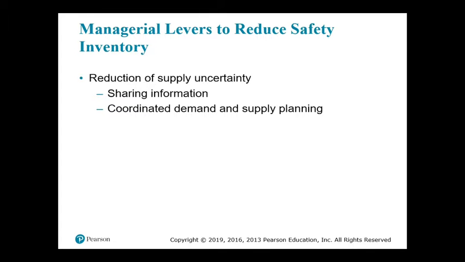Basically, we would like to reduce the uncertainty for both the supply side and the demand side. In order to reduce supply side uncertainty, we would like to perhaps share more information. The supplier could, for example, let the buyer know ahead of time when it's going to deliver its order and how much is going to arrive.